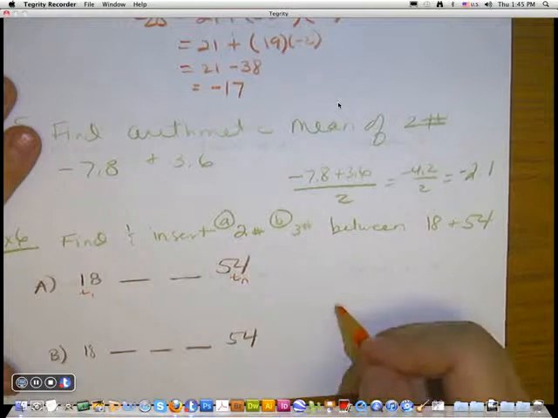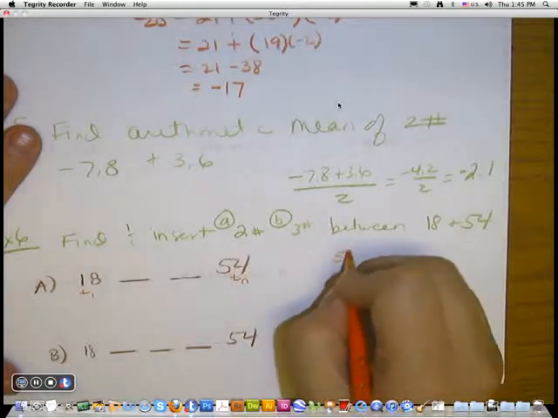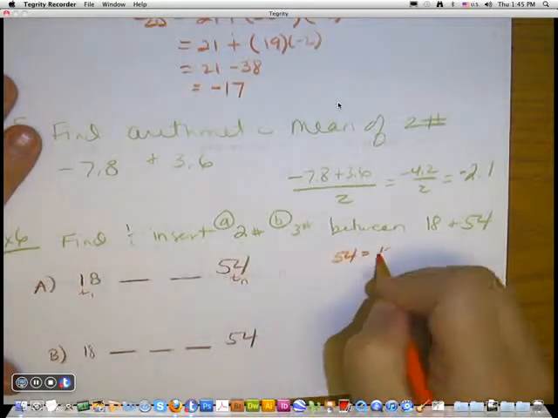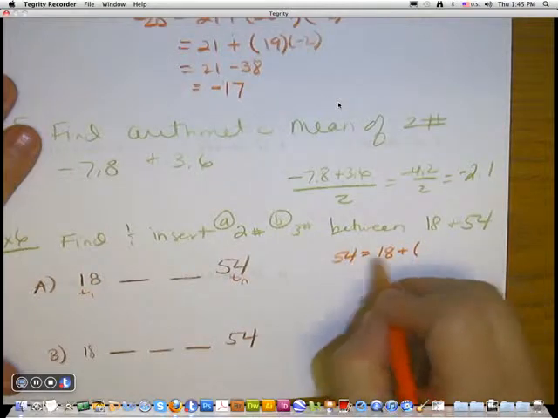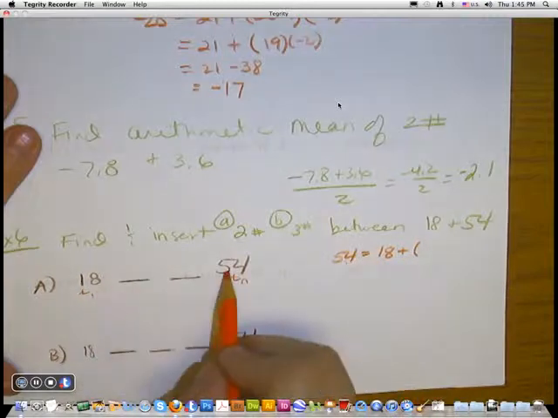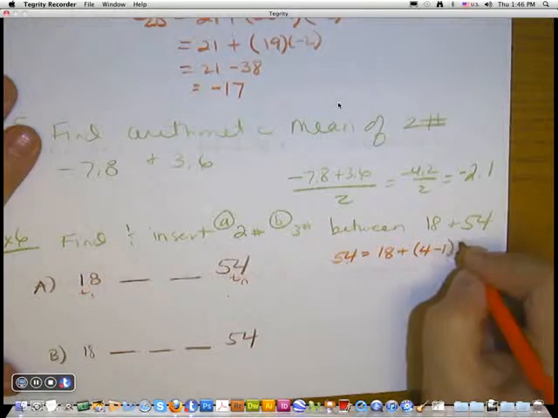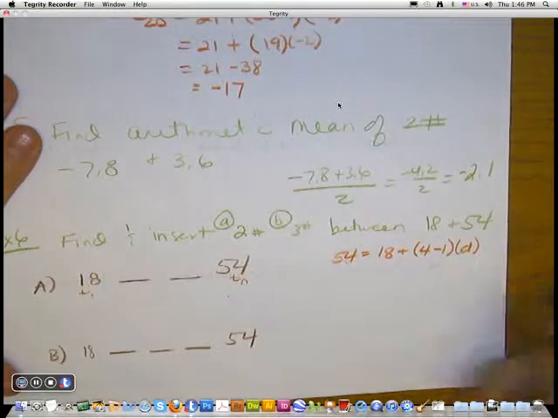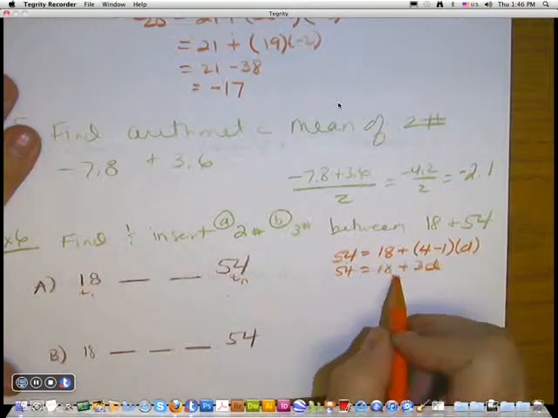What we don't know is the difference, so we're going to have to find it. If this is our last term, we put 54 equals the first term plus n, which is the spot number 4, minus 1, times d, which we don't know. So we get 54 is 18 plus 3d.